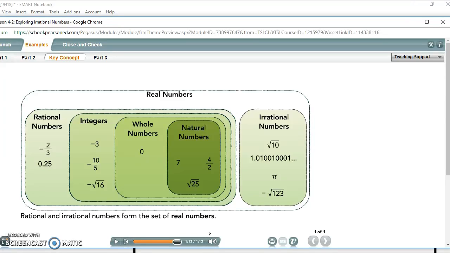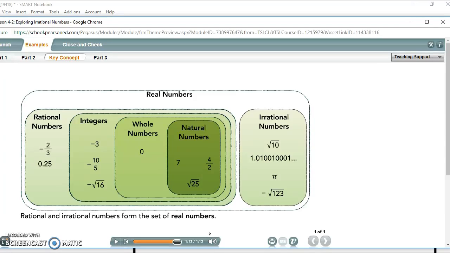So anything that can be written as a whole number or its opposite, or the negative version. So -3, -10 fifths. Again, this would simplify to -2. And the opposite of the square root of 16 would be -4. So this would count as an integer.